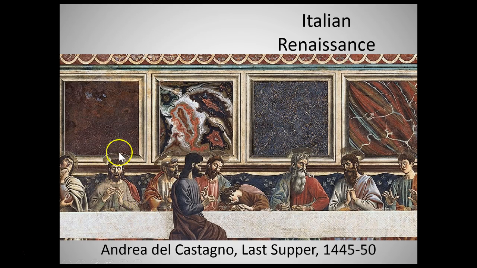Something else interesting to note is that the apostles that are sort of divided on either side of the table, if you really look closely, they sort of mimic the same hand gestures, and so the painting becomes symmetrical from that point of view. So the apostles are sort of mirroring each other.